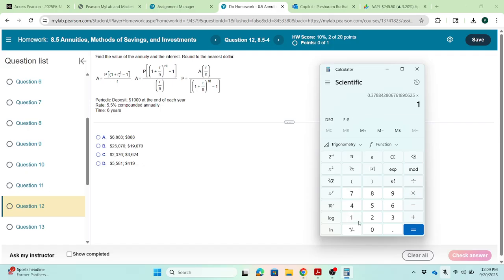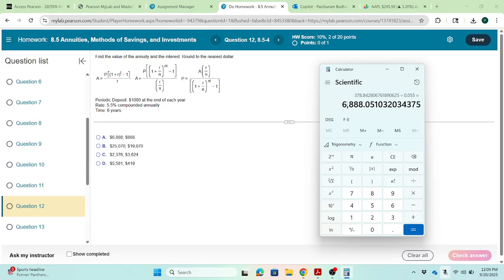Multiply that value by the periodic deposit, $1,000, and finally divide that by the rate, 0.055. If you do that, this is the annuity.